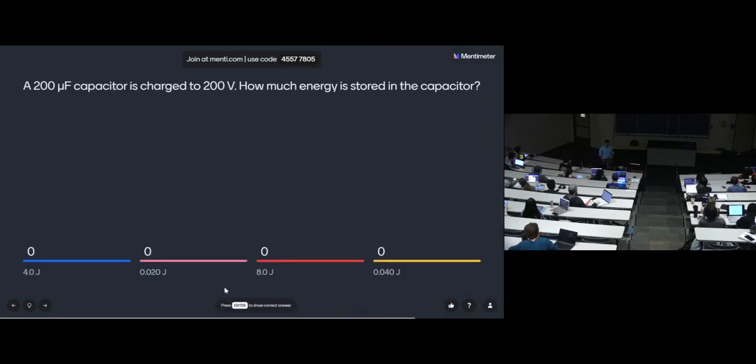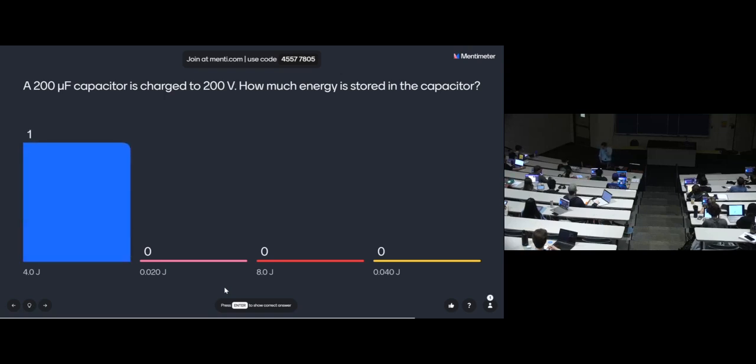A 200 microfarad capacitor is charged to 200 volts. How much energy is stored on the capacitor? Good.